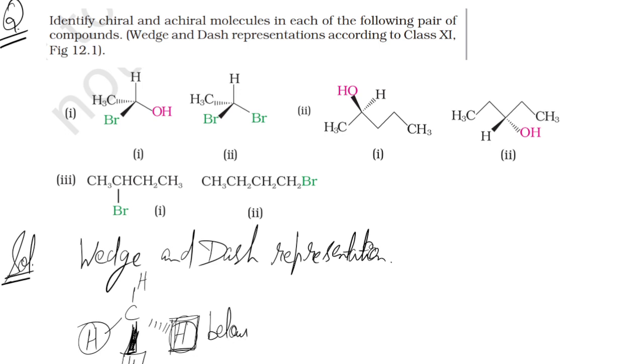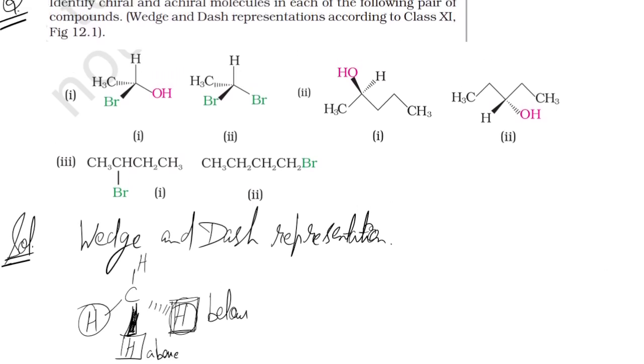That is the wedge and dash representation that you studied in class 11th, and it is also used in stereochemistry. To represent atoms below the plane, you use the dash, and to represent atoms above the plane, you use the wedge.